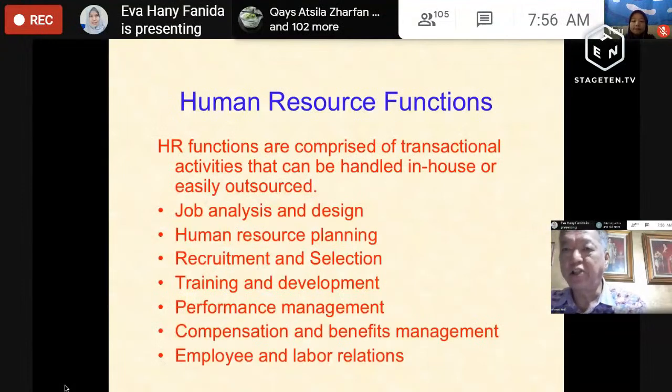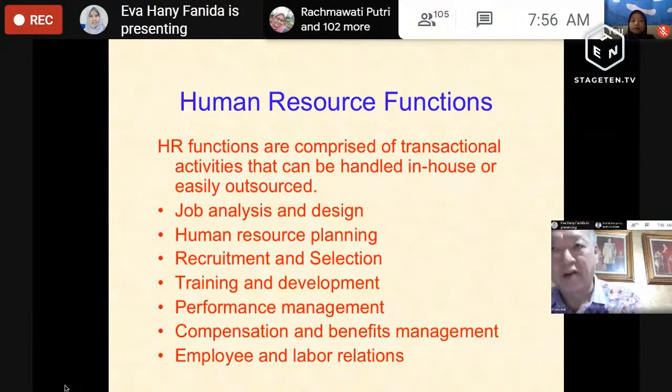So this covers the functions of this department of personnel management, or human resource management, or sometimes human resource development.